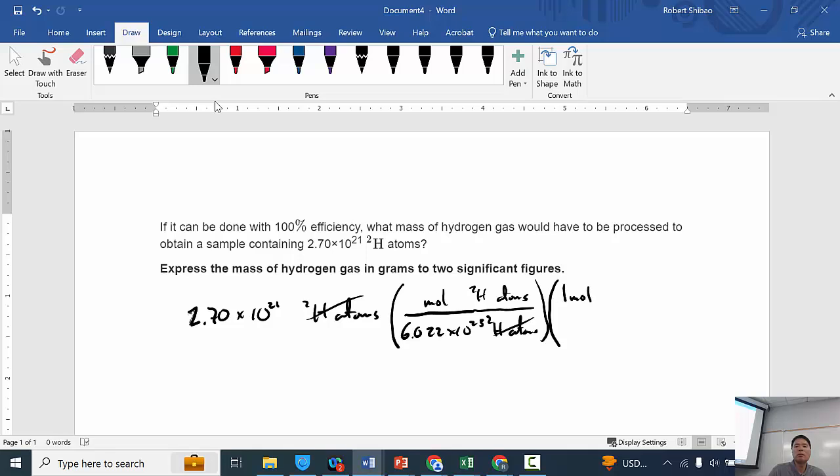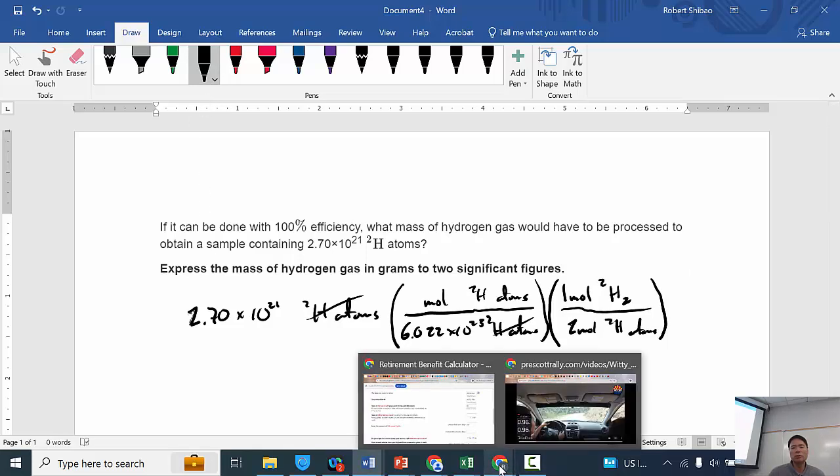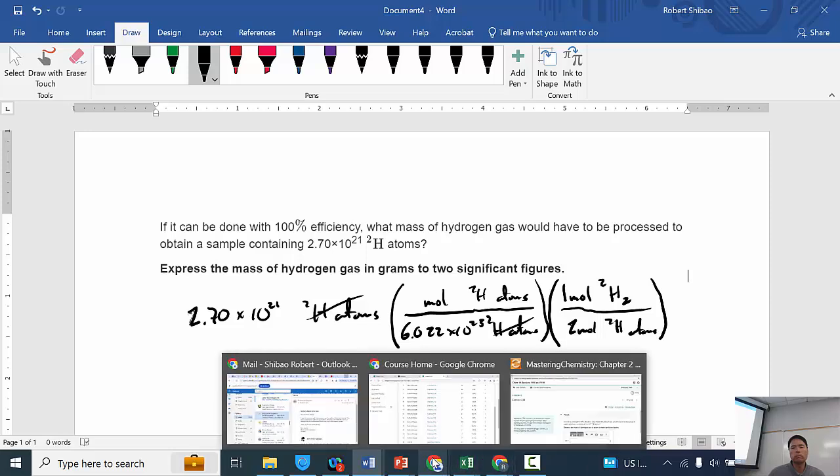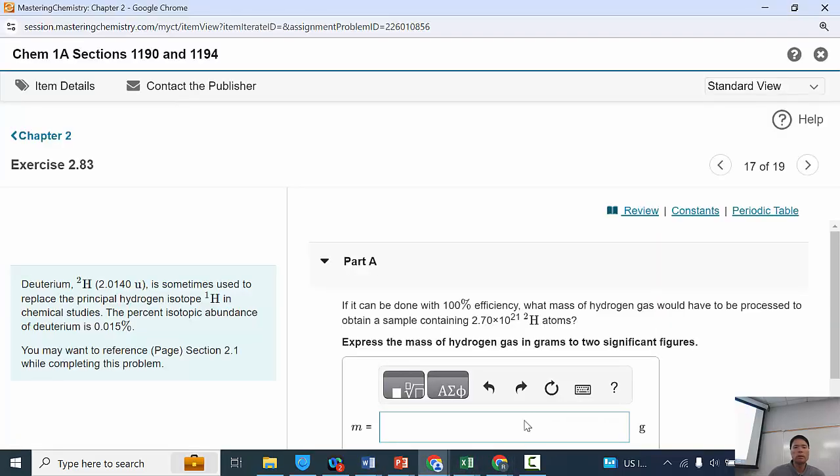So 1 mole of D2, that's diatomic hydrogen, has how many moles of D atoms? 2 moles of D atoms. And then I know the mass of D atoms to 4 decimal places.